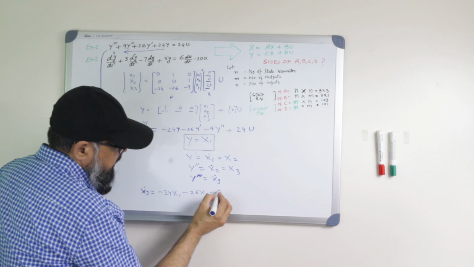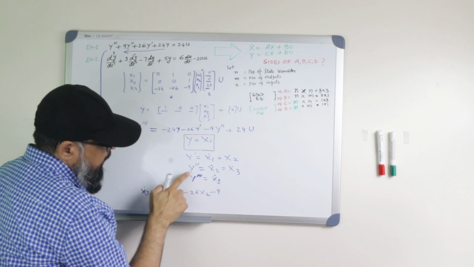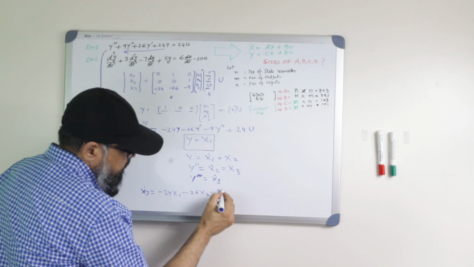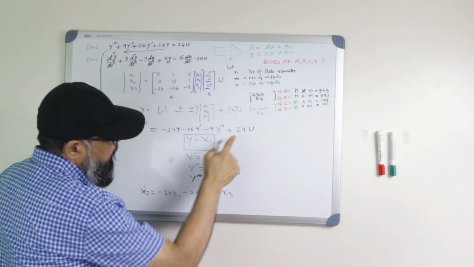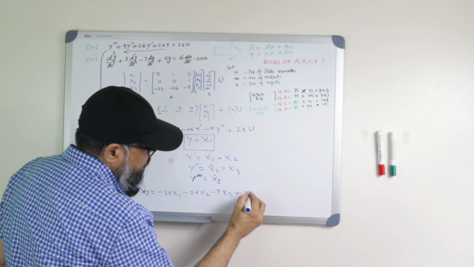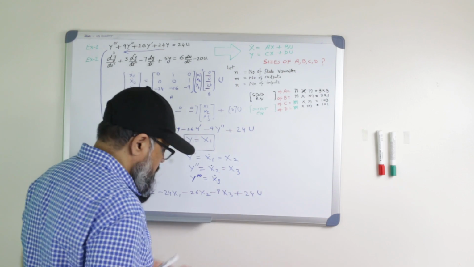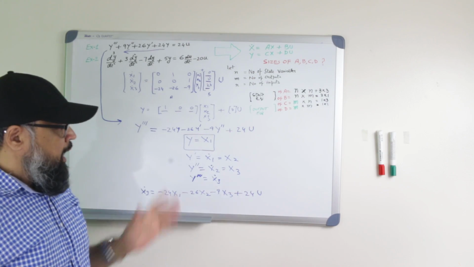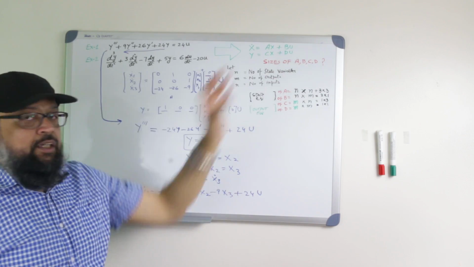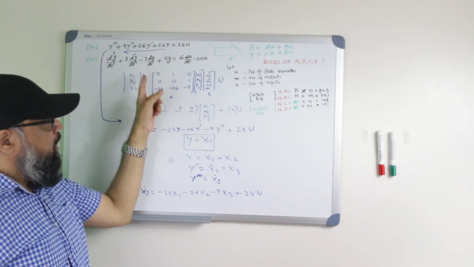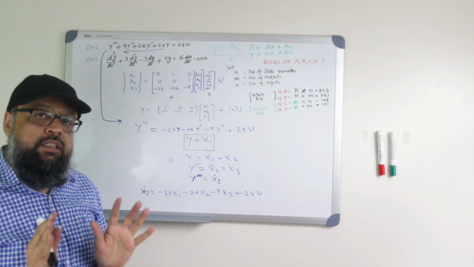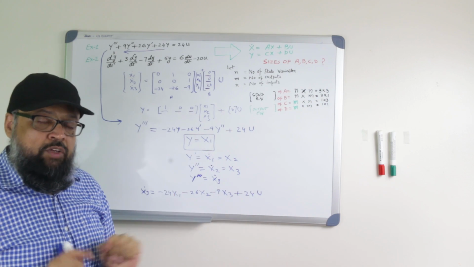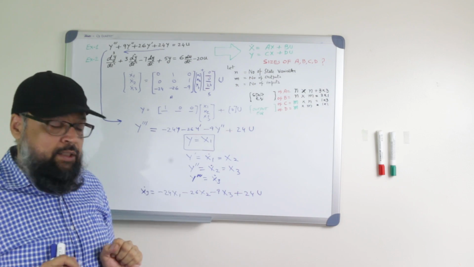Similarly, minus 9, y double dash, use this one, x3, plus 24u. Now we have everything we need to write the state equations and to understand why these 0s and 1s are coming here. We are ready to do that.